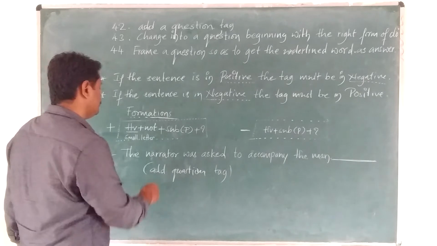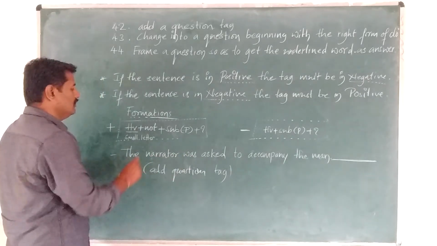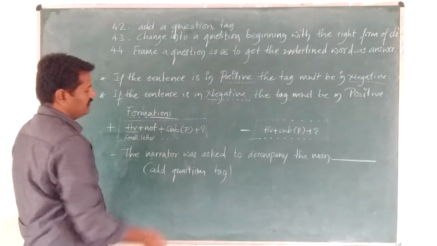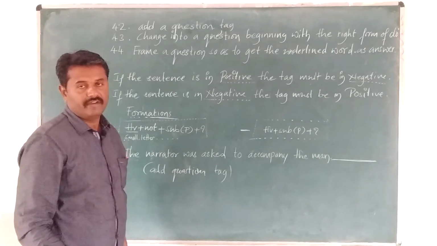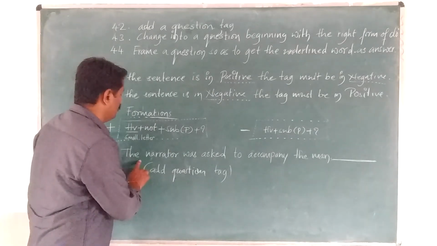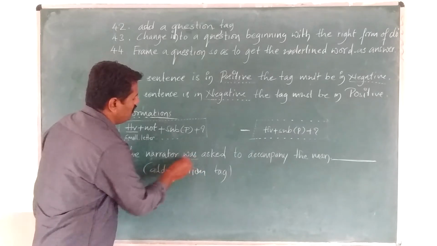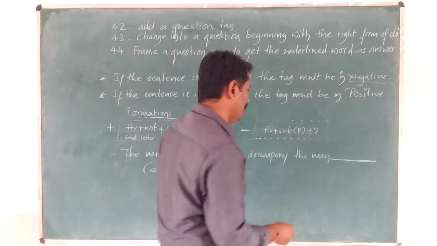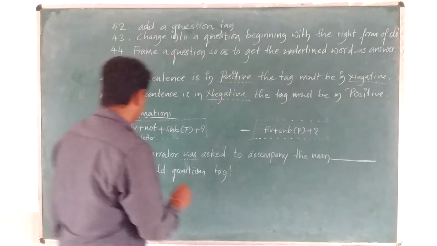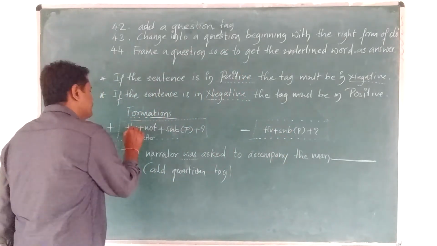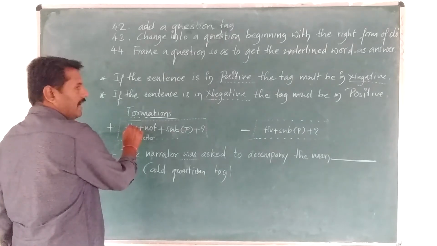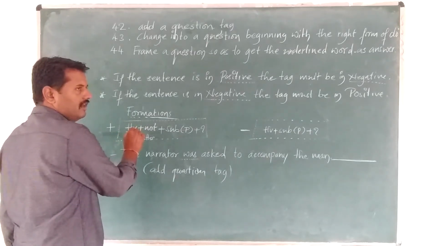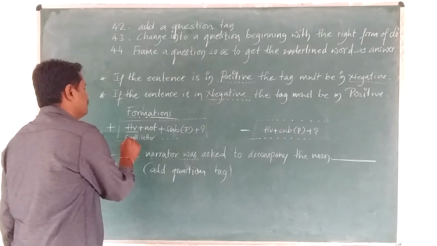So the positive statement is there. What is the helping verb in this sentence? First we identify the helping verb. The narrator was. Was is the helping verb. So shall I write here was? The condition is the first letter of this helping verb must be written in small letter.